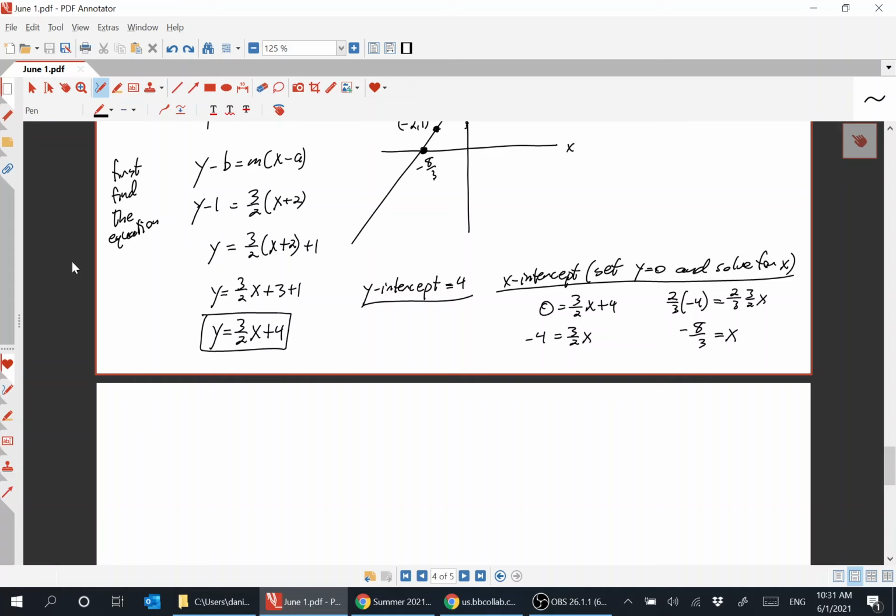All right. Section 1.4. So we were talking about in section 1.4 solving quadratic equations. Remember, a quadratic equation is different from a quadratic polynomial. Let me just get to the problems here.